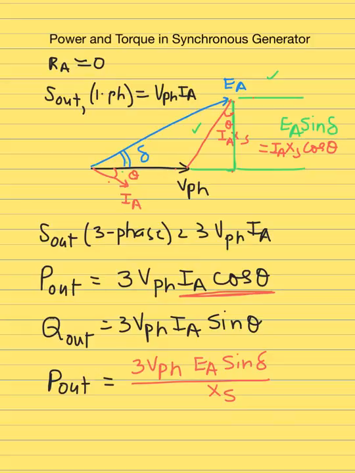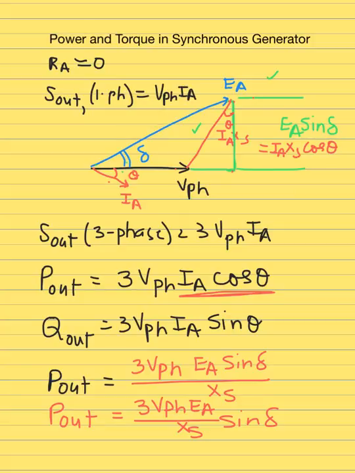And delta is again the internal angle, the torque angle, which is the angle between V phase and EA. Delta is also the angle between BR and B net. So the equation becomes 3 V phase EA over XS sine of delta. That's the expression for the output power from a synchronous generator.